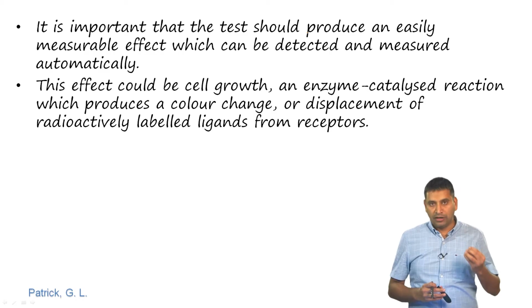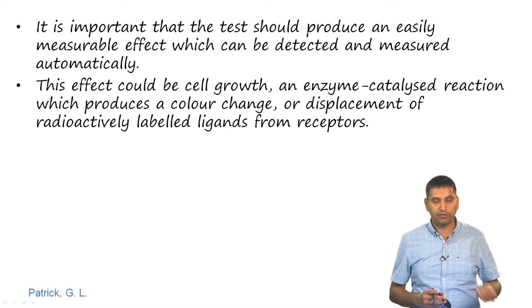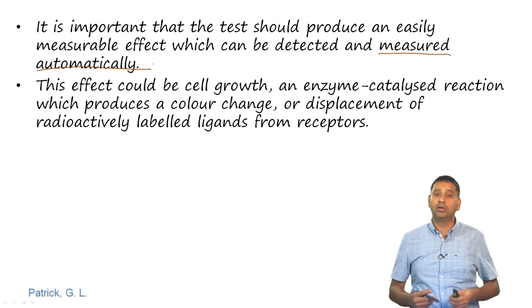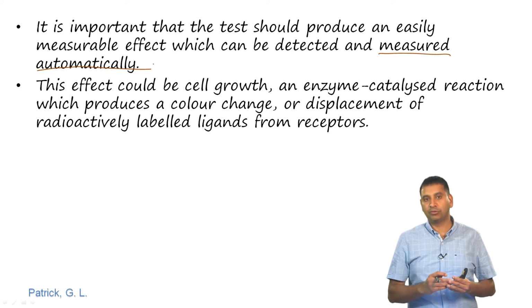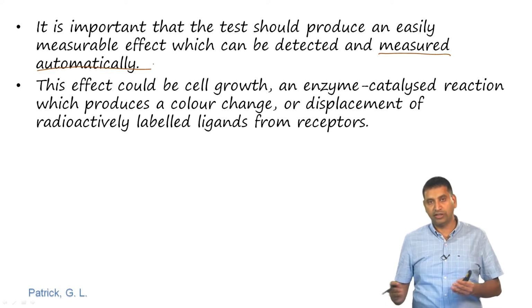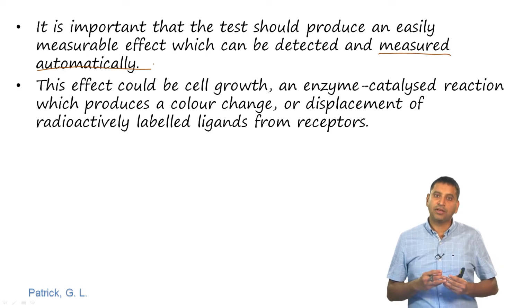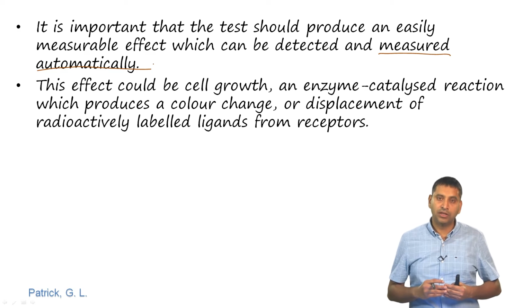Of course, when developing the test or an assay, it is very important that the test should produce an easily measurable effect, and we should be able to measure it automatically. So, whether you look for a color change in which the absorbance changes by a significant amount, or you look for a fluorescence increase, wherein you can see a clear signal in fluorescence.